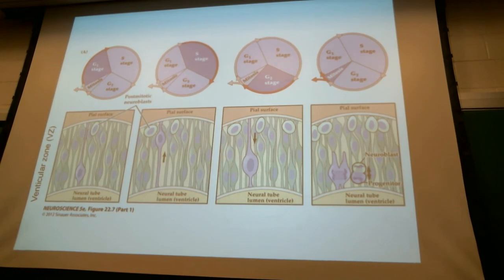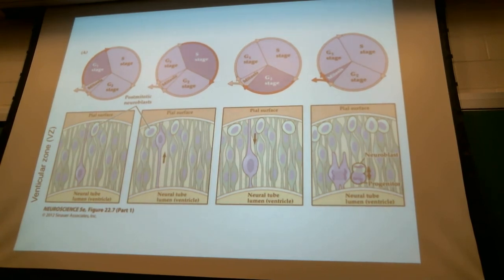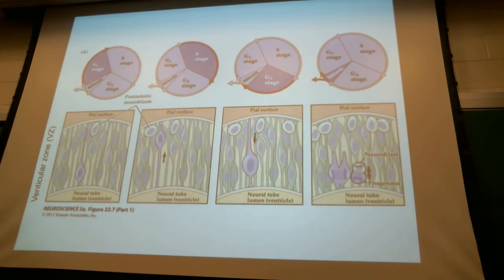And if you look at where the cell body of the neuroprogenitor cells is, it goes up during this S stage, and then goes down again, and the cell divides from here. And when they're going through self-replication, they divide this way. But when they differentiate to generate a neuron, it goes this way. So they go up and down, and then either this or this.